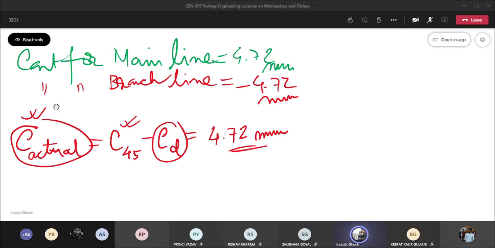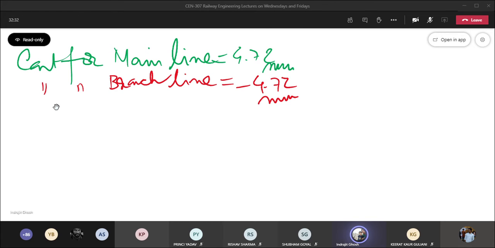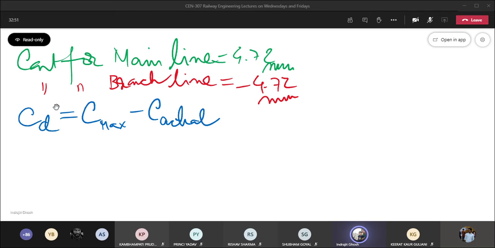Now that we know what is going on at points A and B, as I showed you earlier, can you tell me the maximum speed on the branch line from this value? Again, I am writing the formula of cant deficiency: cant deficiency is cant max minus cant actual.